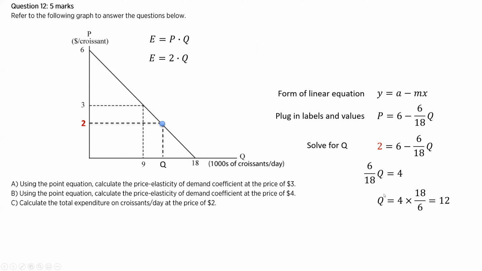So we've isolated the Q, the quantity. It's 4 multiplied by 18 over 6, which equals 12. So when the price is $2, the quantity is 12. And that's what we plug back into here. The total expenditure, when the price is $2, is $24. The end.